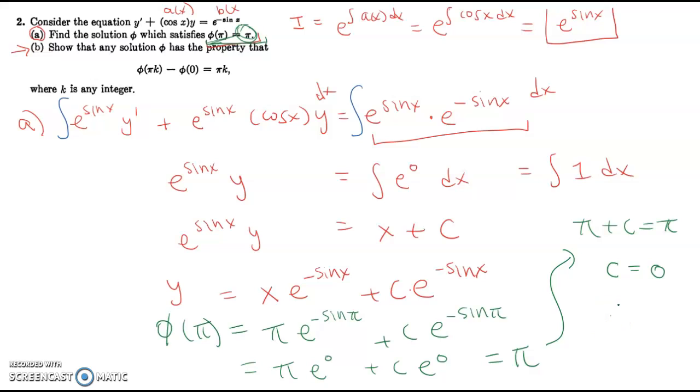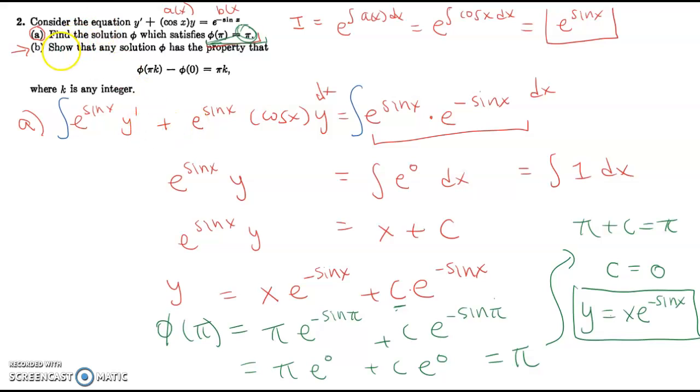Okay, so there we go. We were able to solve for the solution, which is y equals x e to the power of negative sine x. We get to this because c is 0, so 0 times whatever we have is going to result in 0.